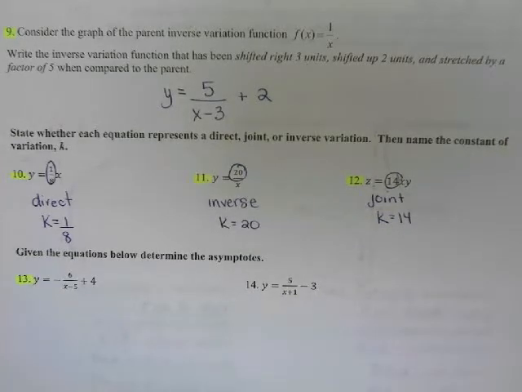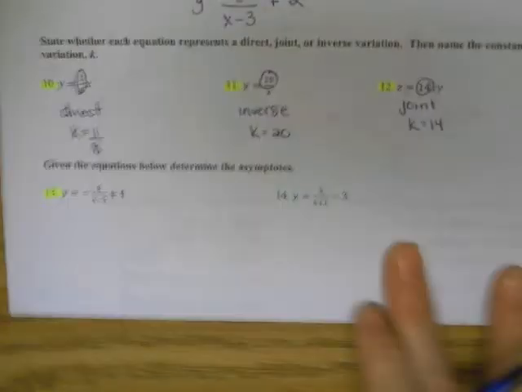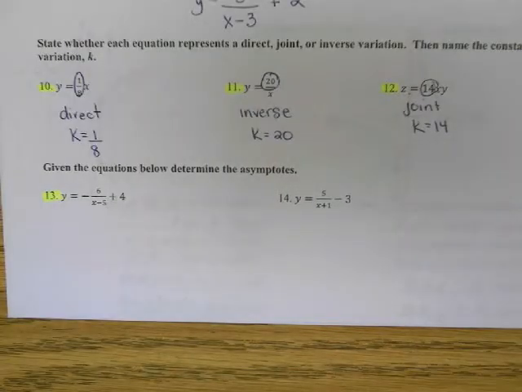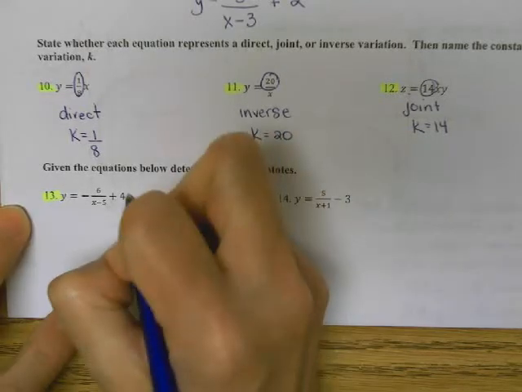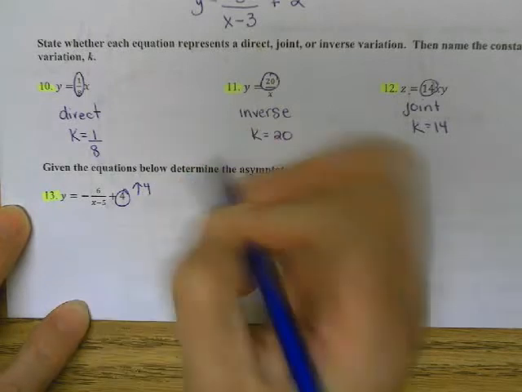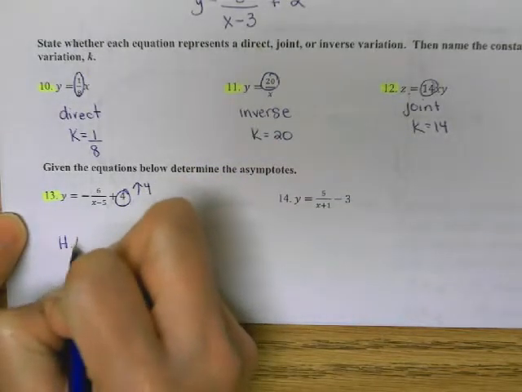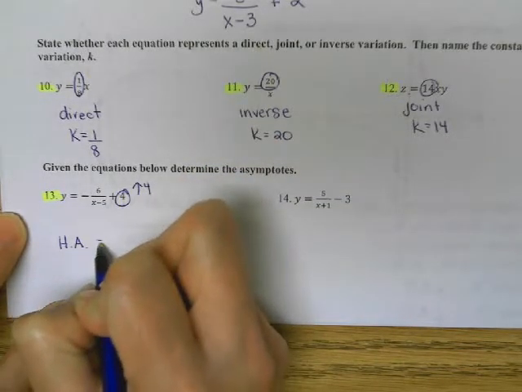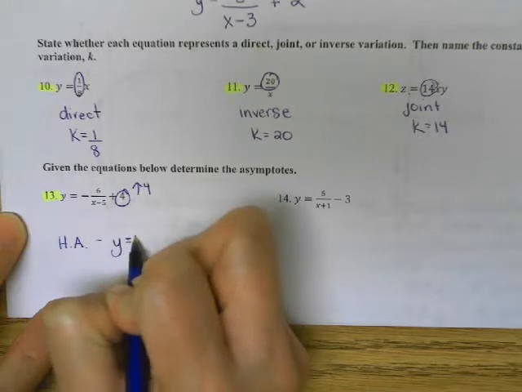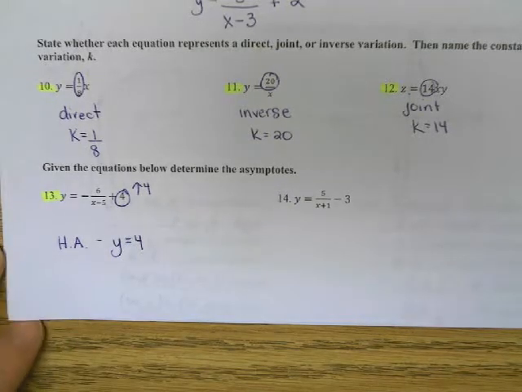All right, on 13 and 14, you are given the equation of a rational function. You are asked to find where the horizontal and vertical asymptotes are. So remember that if I shift up or down, that changes my horizontal asymptote. So right here, you're moving up 4, which means your horizontal asymptote is going to be y equals 4.